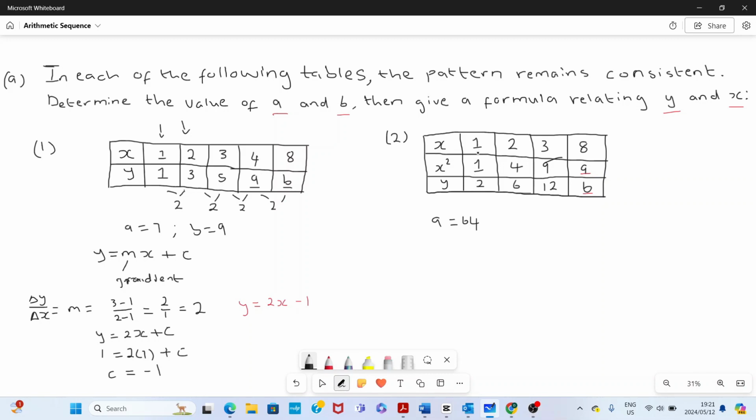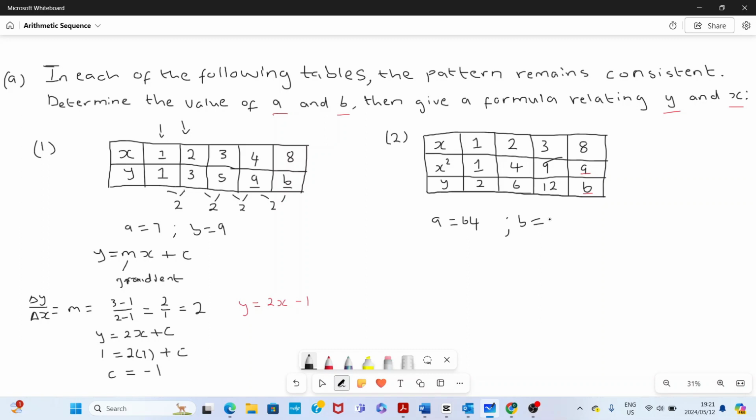So here you'll notice that 2 is equal to 1 plus 1, and 6 is also equal to 2 plus 4, and 12 is equal to 3 plus 9. So our b here would be 8 plus a, which is 64. So our b will be equal to 8 plus 64.